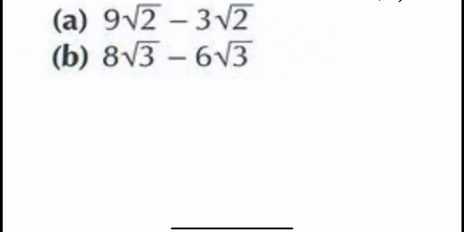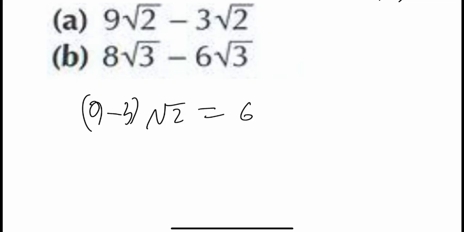Okay, here are some more questions, except in this case we would be subtracting. As you can see here in A, these are surds of the same order and radicand, so we could just do 9 minus 3 root 2 equals 6 root 2. That would actually just be it.